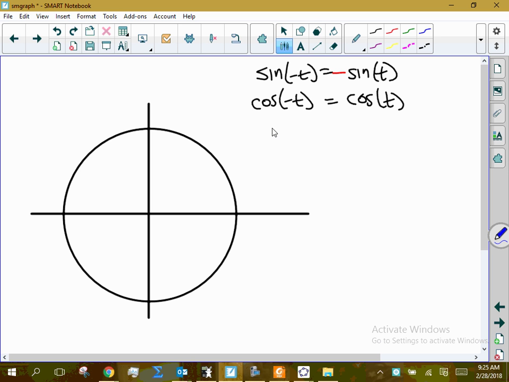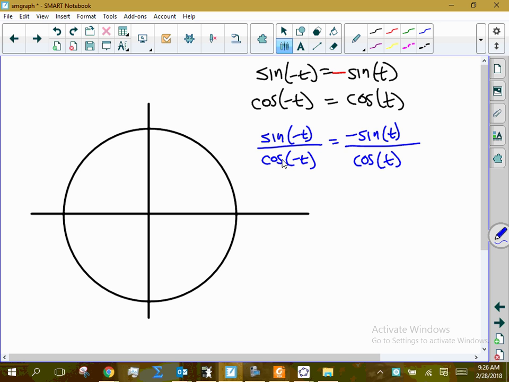You already know that if I write these two as a fraction, this one here is negative: the numerator is the negative sine of positive t, and the denominator is cosine of positive t, right? What would this thing here be called?